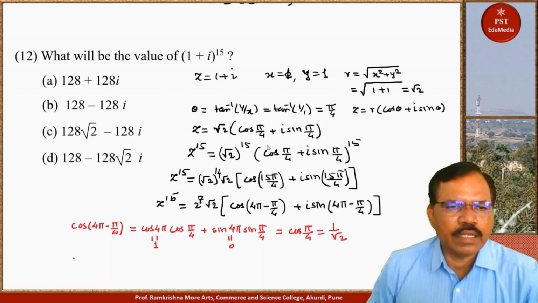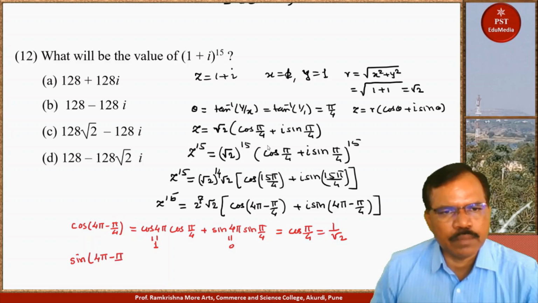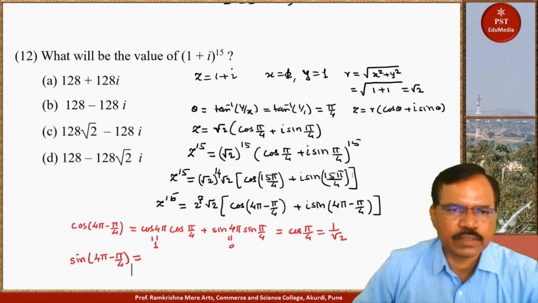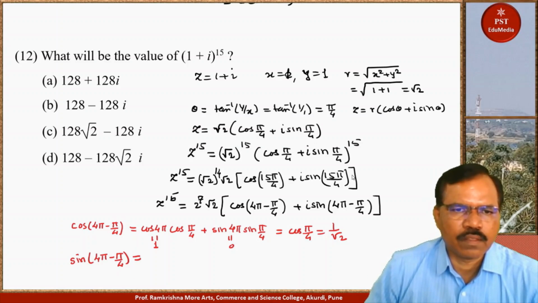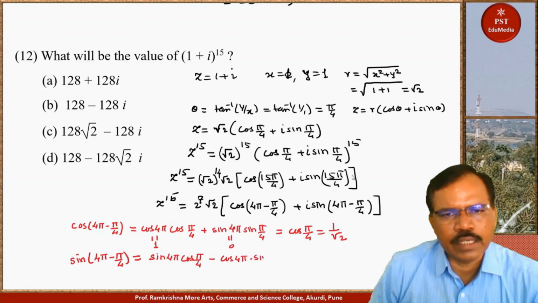Similarly, we can write sine 4 pi minus pi by 4. Now if we solve this, we will get sine 4 pi into cos pi by 4 minus cos 4 pi into sine pi by 4.